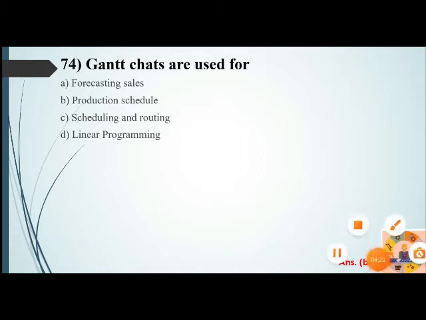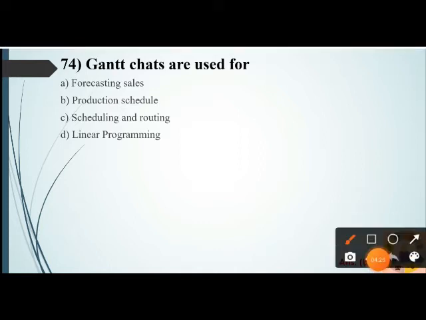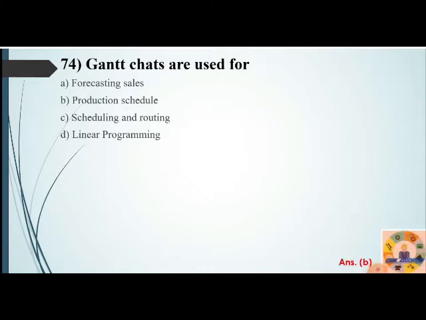The right answer for this question will be option B, production schedule, because we know the Gantt chart is a modified bar chart used to keep track of multiple loads in machine schedules, which is marked against a time scale. So the right answer for this question is option B.